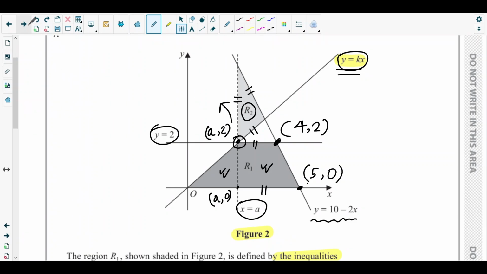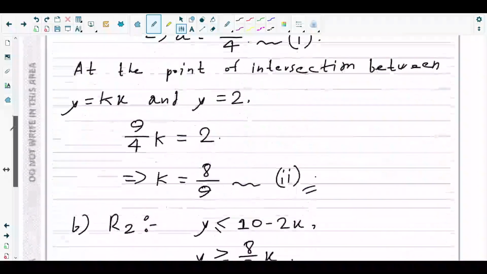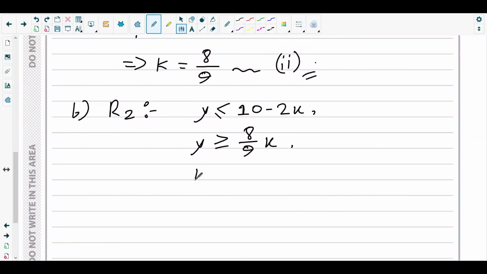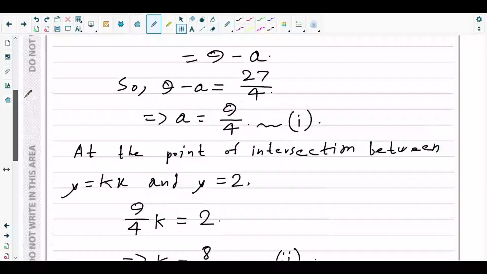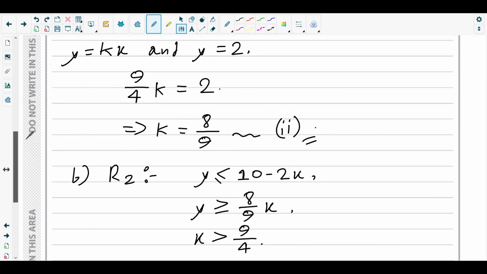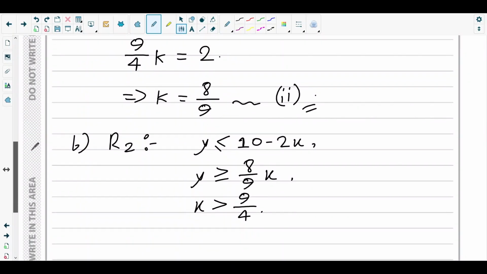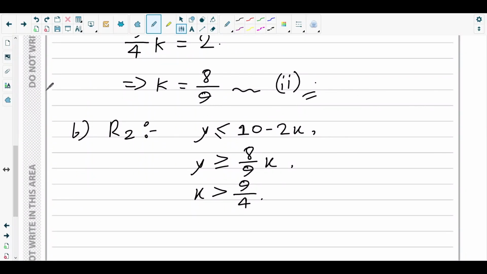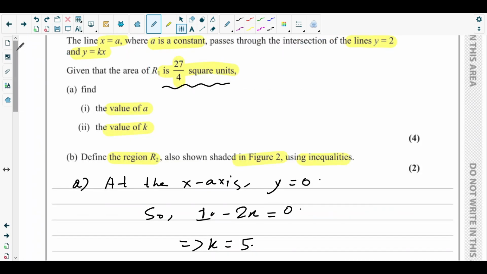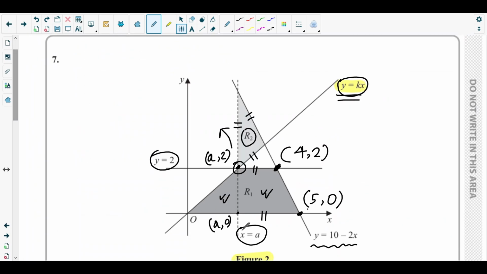So that means we will say for region R2, x greater than, just greater than, since it's a dotted line. So x greater than a. The value for a, it was 9/4. That's it. So that's how we can define the region R2. Fine. And that's the end of question number 7 from the May 2023 P1 paper.